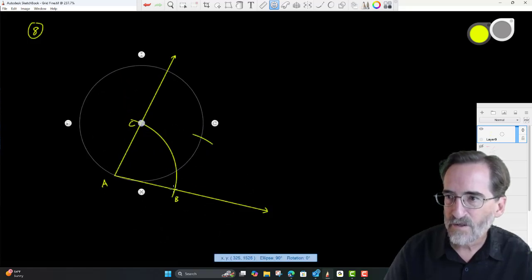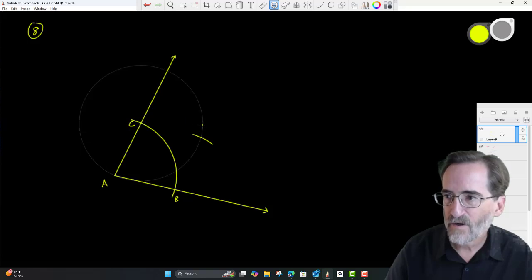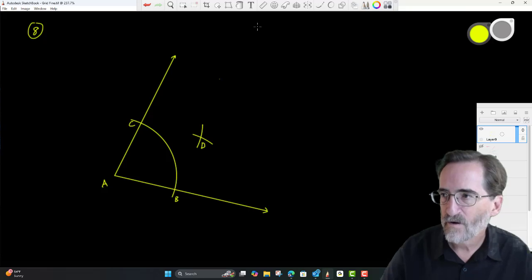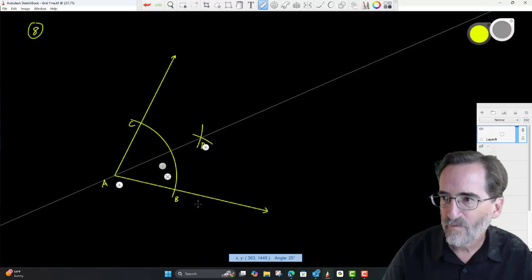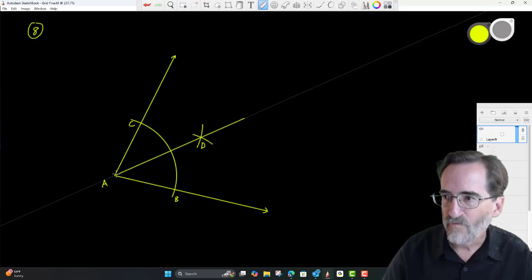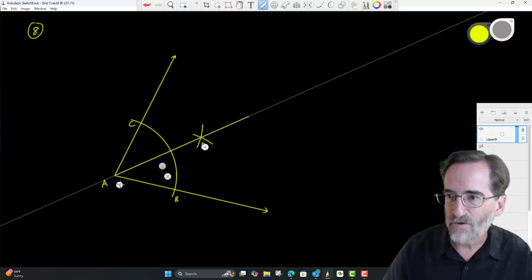On C, copy the same arc. Label the intersection D. Draw a ray AD. We've bisected angle A now.